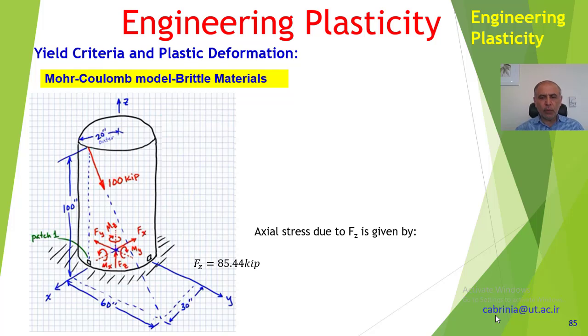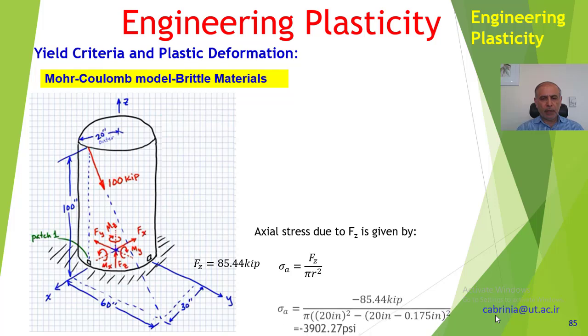Axial force due to force Fz, which we obtained just now. Axial stress due to Fz is given by sigma A equal to Fz over the area, which is pi r squared.